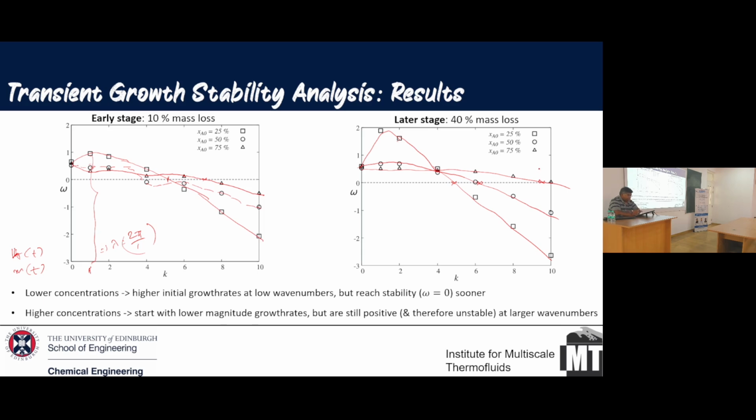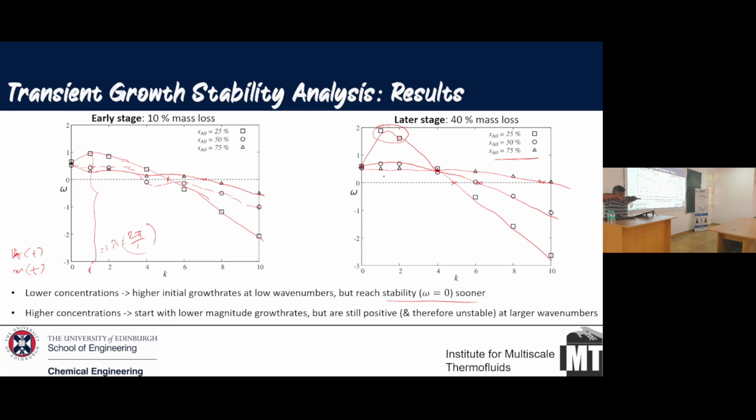So one thing you can say is that when you are at lower concentrations, you will have very quick development of these spokes, but these spokes immediately die, and reach stability sooner. If you increase the concentration up to say 75% ethanol, you will find a lot more spokes.